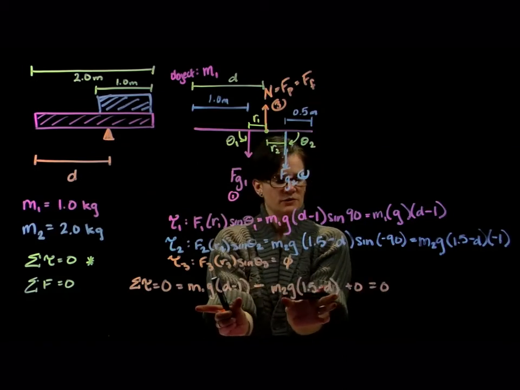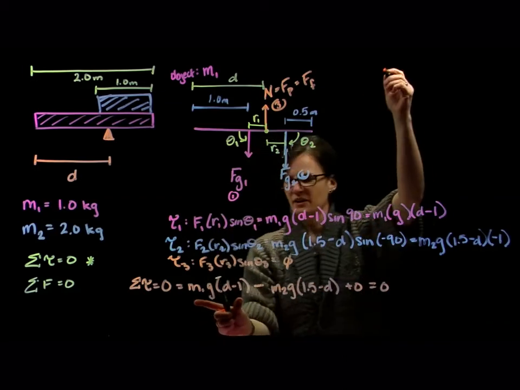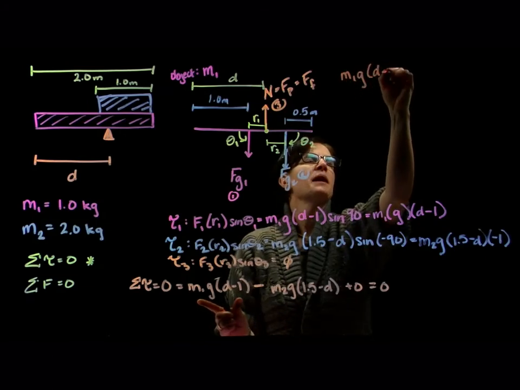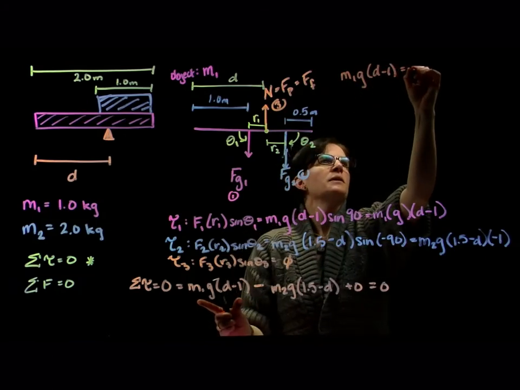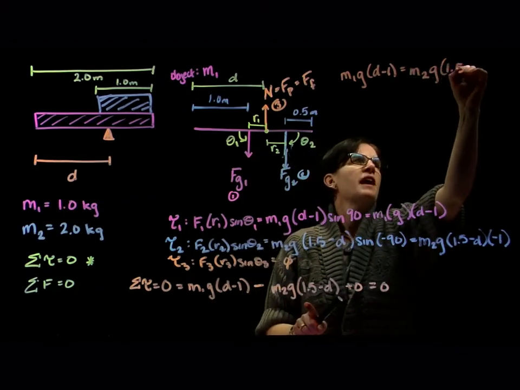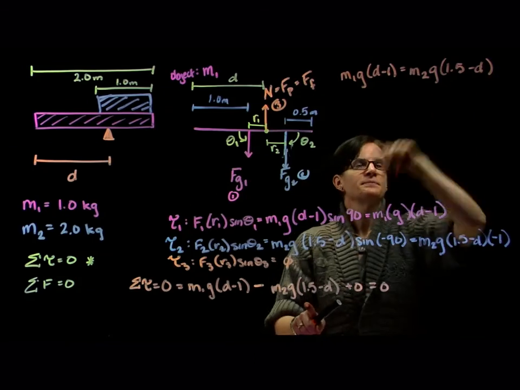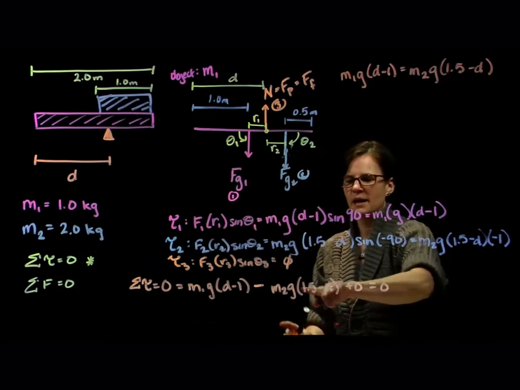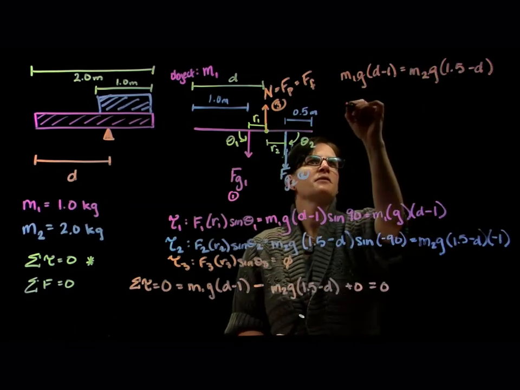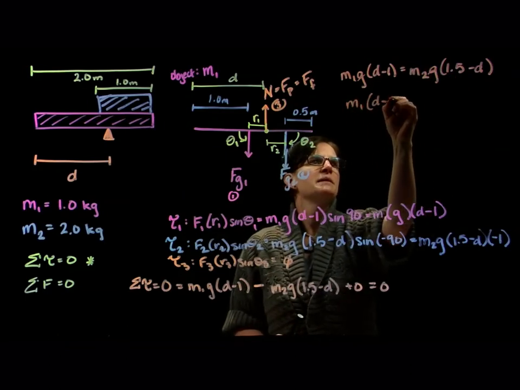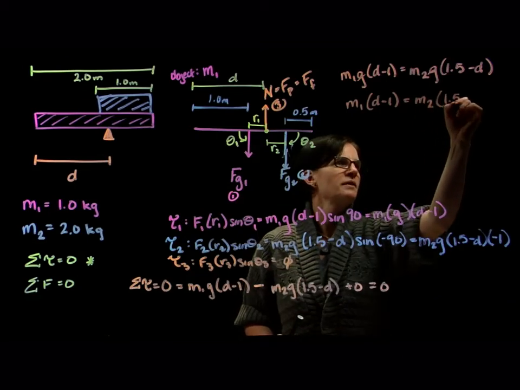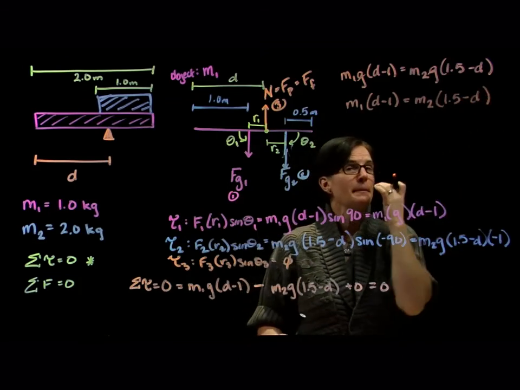If I move this to the other side, I end up with m1g times d minus 1 equals m2g times 1.5 minus d. So my 0 goes away, I bring m2g to the other side, my g's will cancel, and I'm left with m1 times d minus 1 equals m2 times 1.5 minus d.